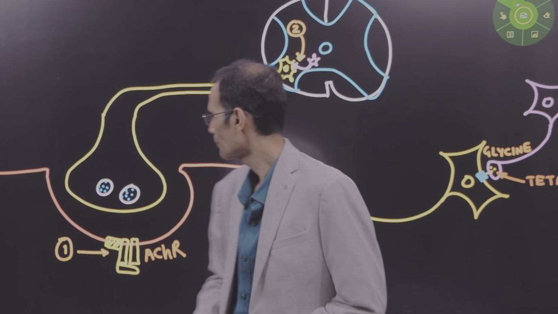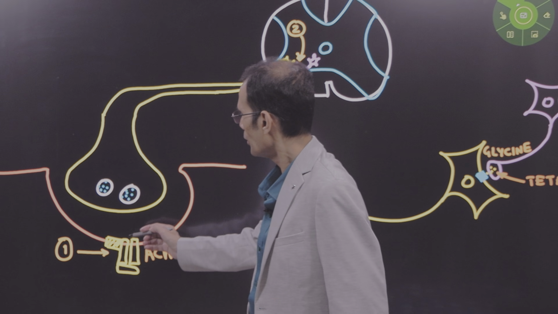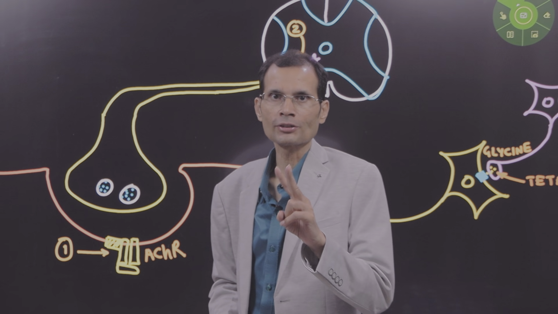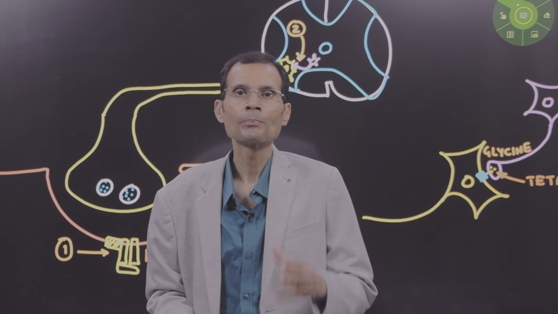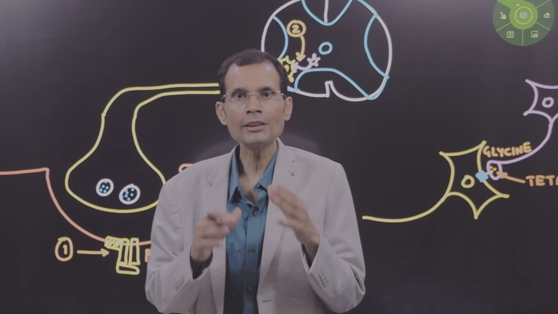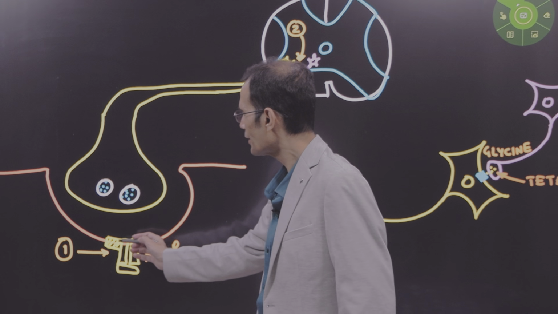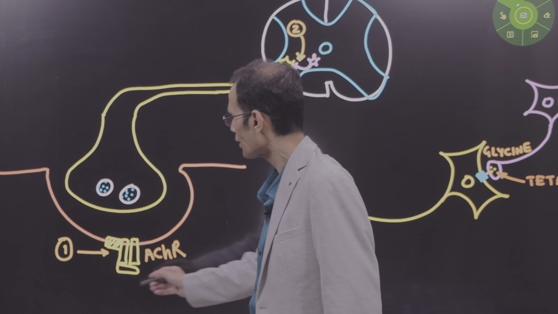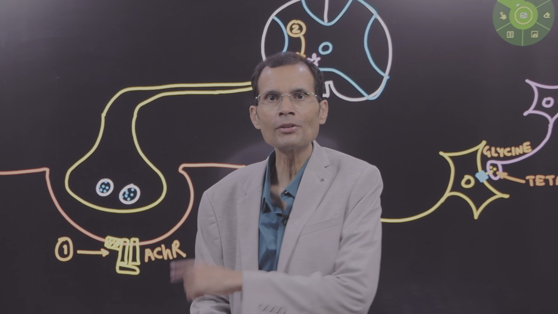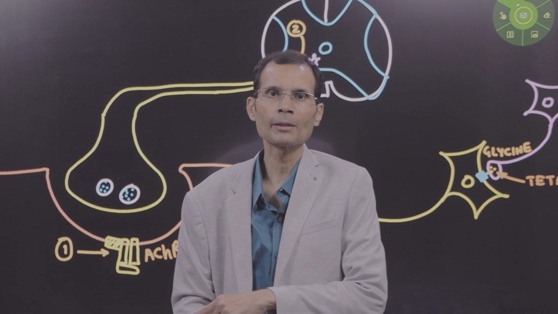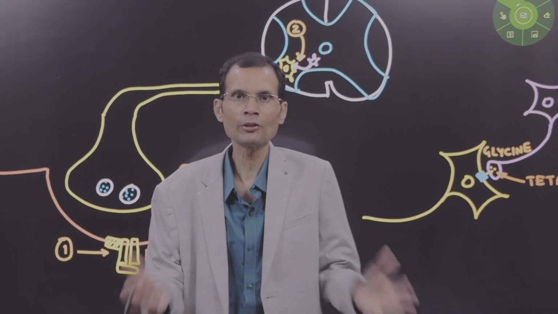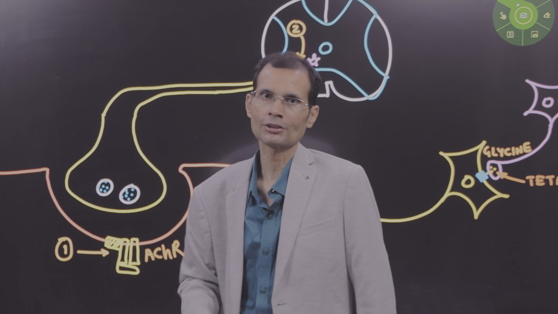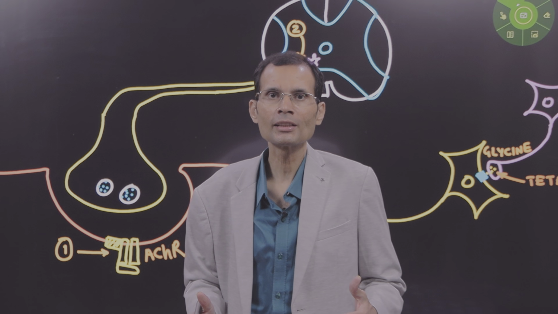We all know that, right? Now two toxins out of the four, bungarotoxin and curare, target the nicotinic acetylcholine receptor. They bind with this receptor, and therefore they prevent the action of acetylcholine at the neuromuscular junction.